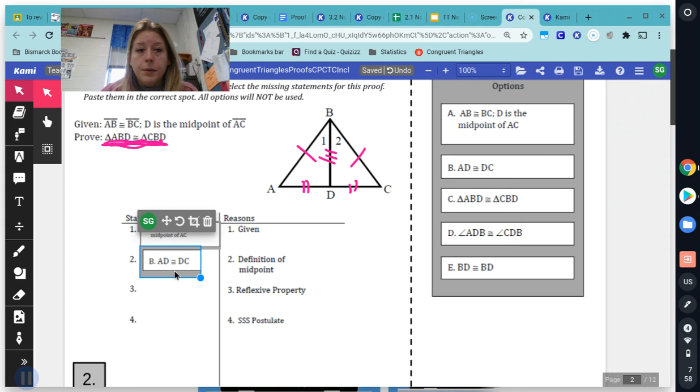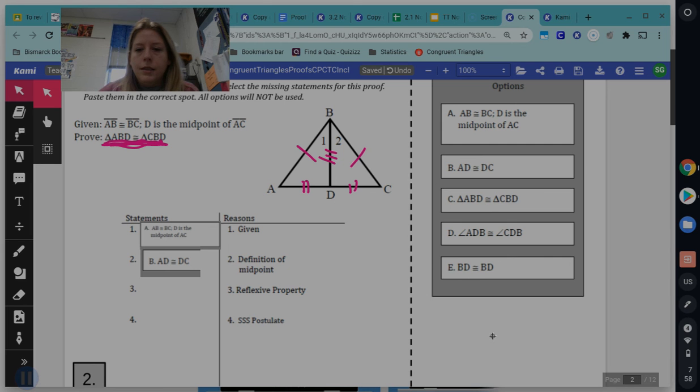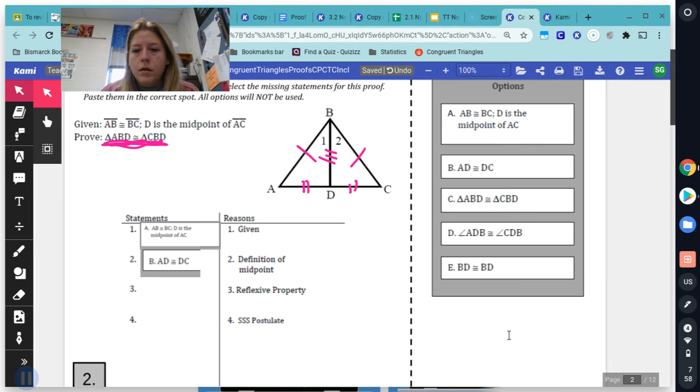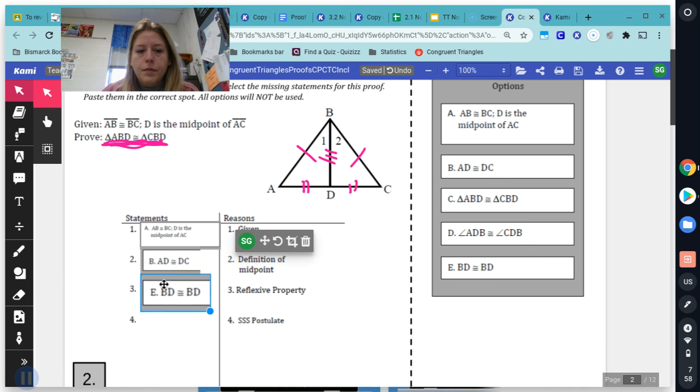Those should really have segment signs on top of them. Reflexive property. Well, that's when something's congruent to itself. We marked BD congruent to itself. So that's E. Okay.